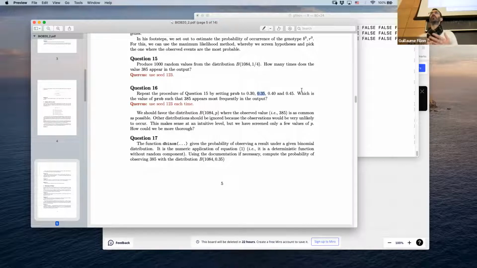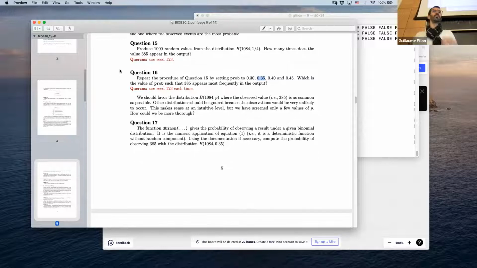And that's actually a very, very deep concept, right? So deep that we're going to spend a whole week talking only about this, because it's hard to grasp what this means: to say I'm going to change the parameters until what I have actually observed becomes possible.